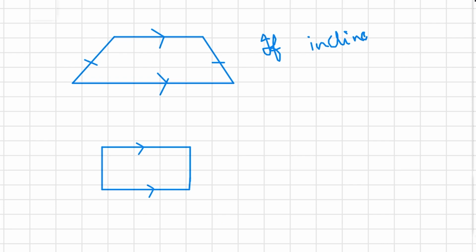Adjacent means next to each other. So this is the difference between parallelogram, trapezium and kite. Square and rectangle we also discussed. So what is the next point?